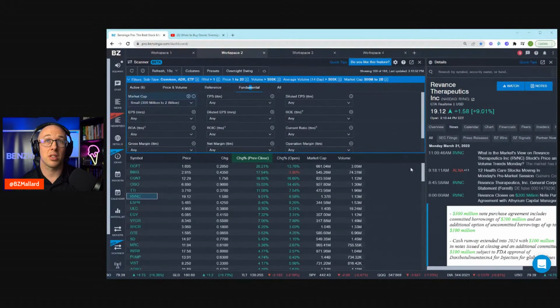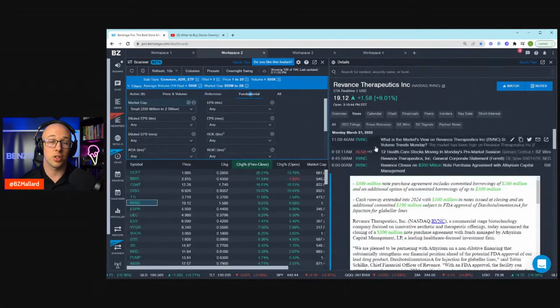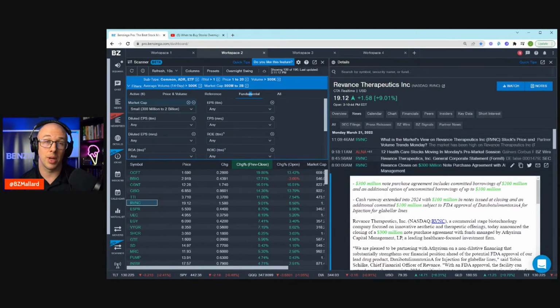So anyways, I found these stocks using the Benzinga Pro scanner, and then I'm just going through some of these charts to make sure that the day chart is looking favorable, and then making sure that there is a fundamental catalyst that could drive this momentum over multiple sessions.